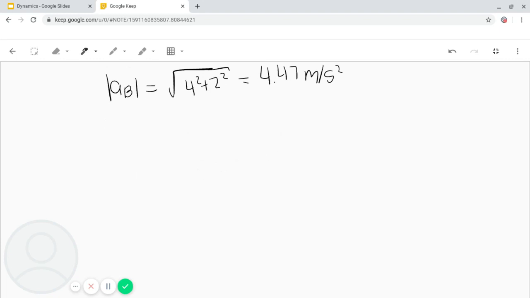So if we have the car sort of like this, then this would be the tangential acceleration, this would be the normal acceleration, and something like that would be our combined acceleration vector. So that would be the total acceleration of B.